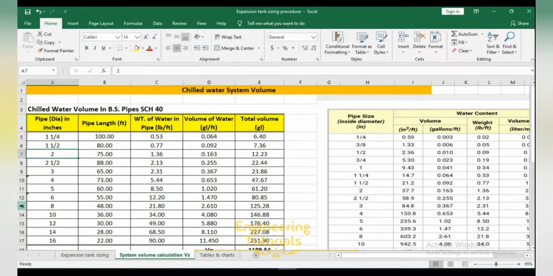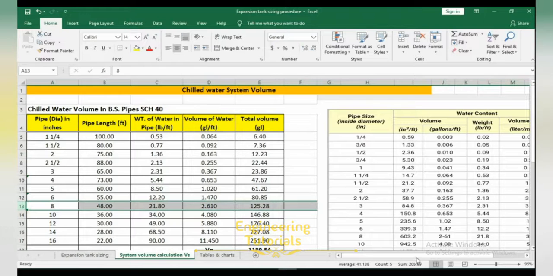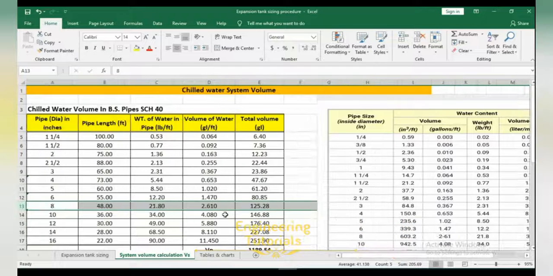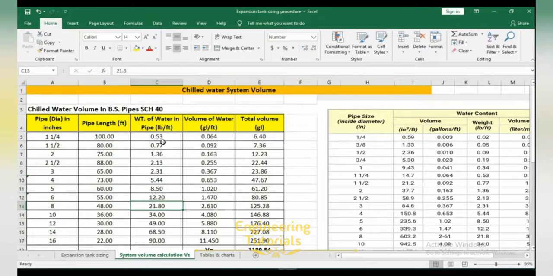And let's say 8-inch, how much weight of water is required? For 8 inches, lb per feet is 21.8. So you have to write everything in the same way I have explained here, that is lb per feet for each and every pipe.